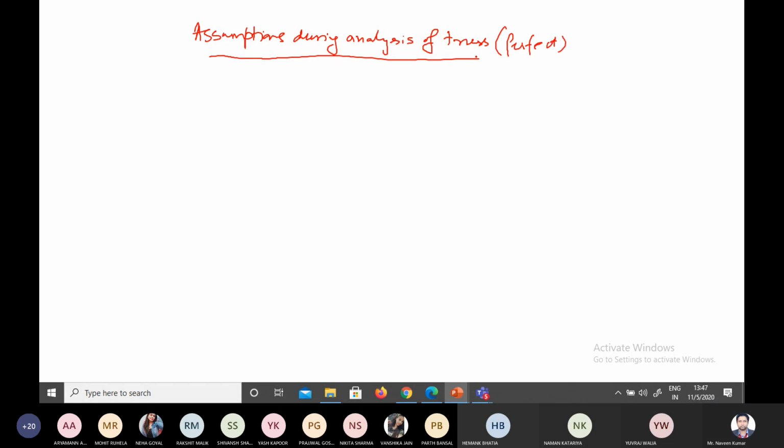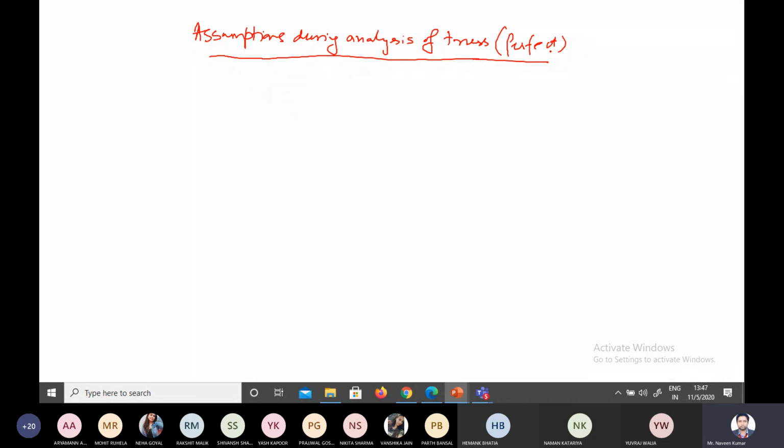Assumptions during analysis of perfect truss. Number one: the ends of the members are assumed to be hinged or pin connected.